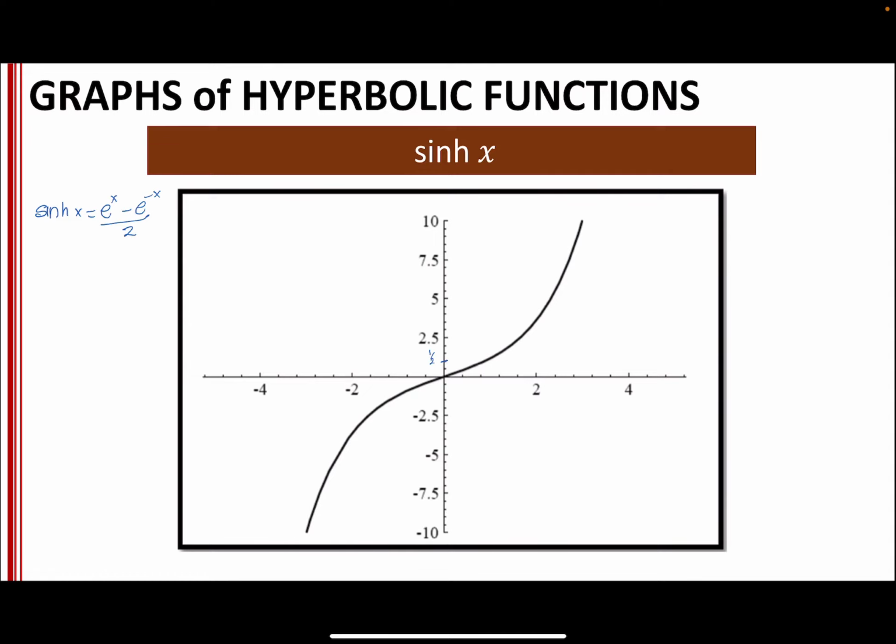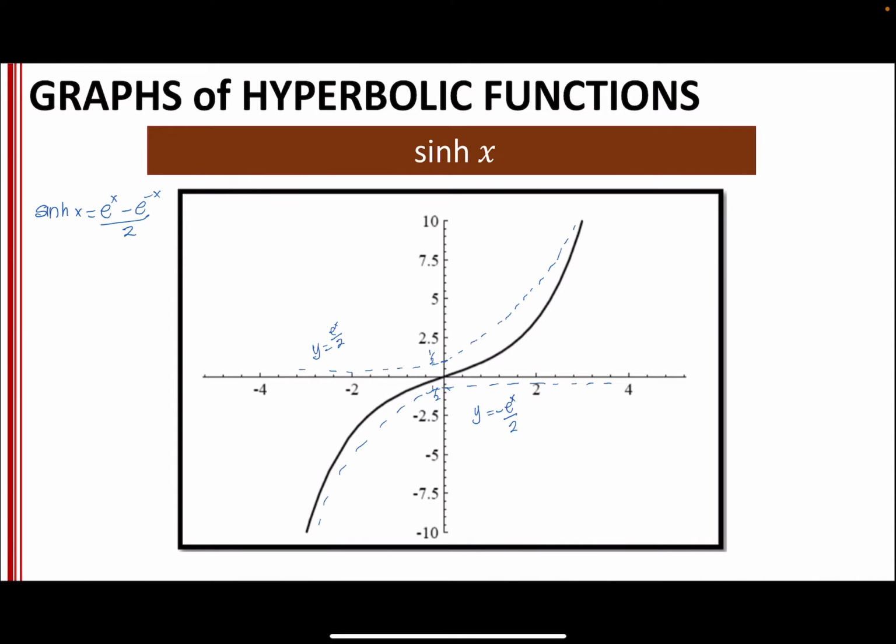This is the graph y equal to e^x over 2. And then if we have here negative 1 over 2, we have the graph y equal to negative e^(-x) over 2.